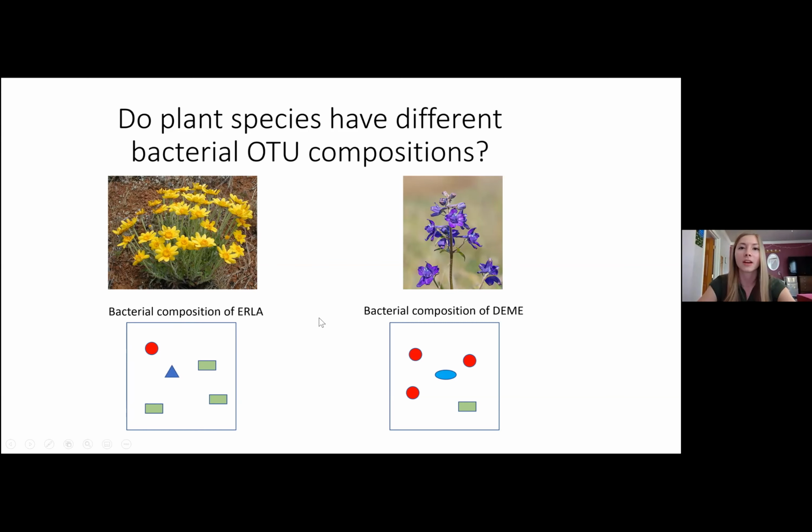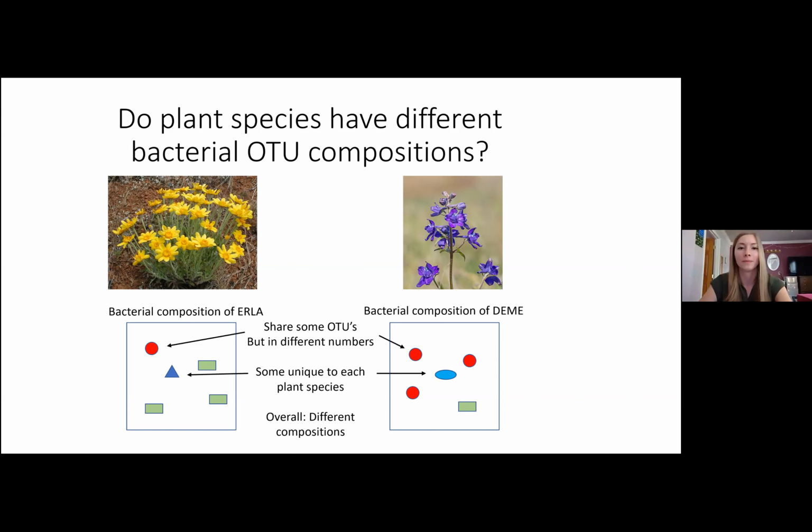The way that we look at composition is basically a factor of frequency, how often a bacteria exists in a plant stem, and presence, if a bacteria even is present in a stem sample or not. So, for example, we may have bacteria that are shared between some OTUs but in different numbers. So we have one bacterial taxa that's present in Urla once, and we have that same bacterial taxa multiple times in Demi.